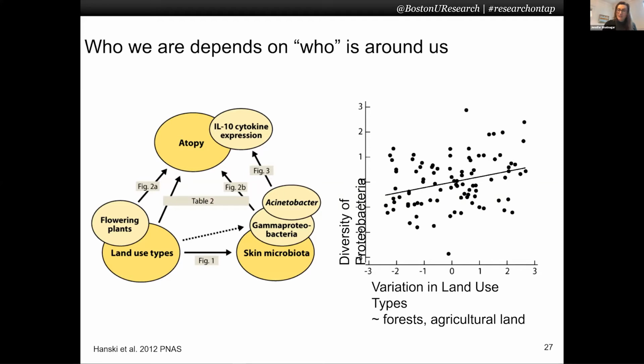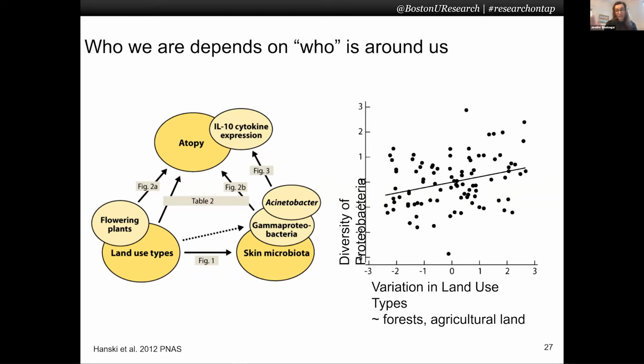And those microorganisms that live on your skin, for example, can determine your response to allergens. It can determine the type of inflammatory cytokines and the abundance that are produced on your skin. And in this particular study from 2012, this was associated with skin disease, atopy.